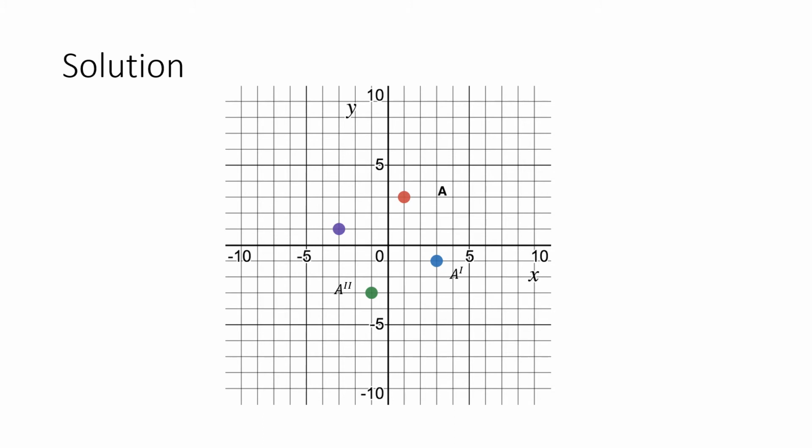The coordinate for A double prime is (-1, -3). Now if we rotate point A 270 degrees clockwise, we have A triple prime. The coordinate for A triple prime is (-3, 1).